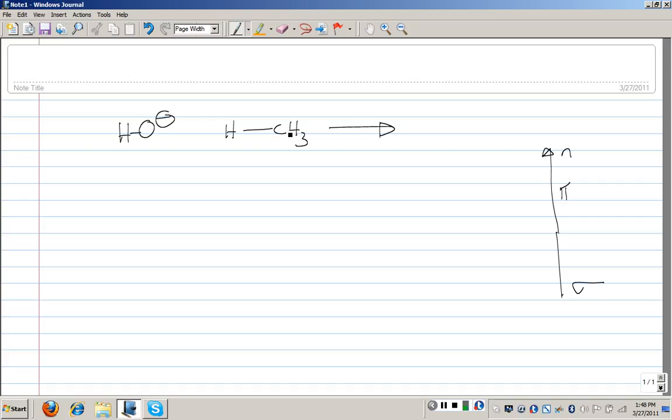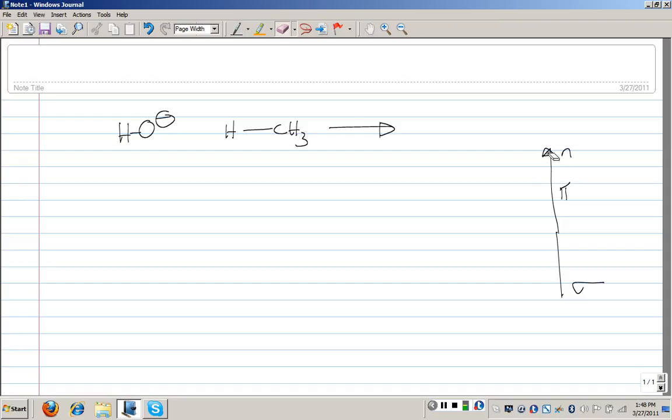Methane only has C-H single bonds, so it only has sigma bonds. Methane is not basic. So if methane is not basic, it cannot compel hydroxide to function as an acid. Even though hydroxide has a proton, it cannot donate it to the methane because the methane does not have a lone pair of electrons or a pi pair of electrons to act as a base.